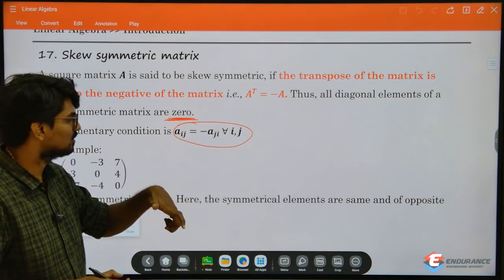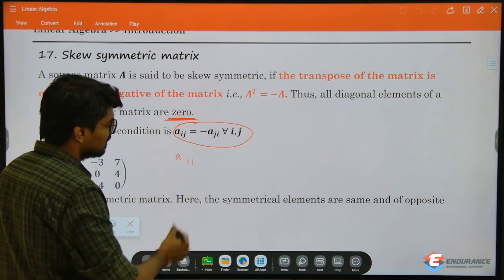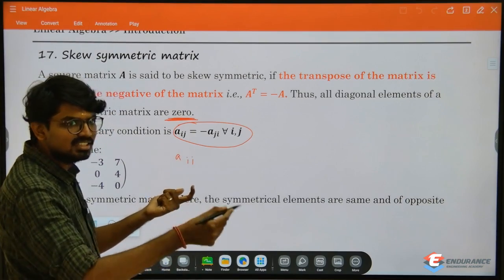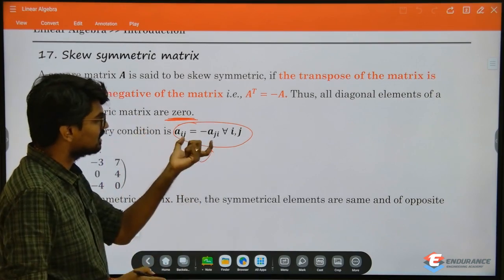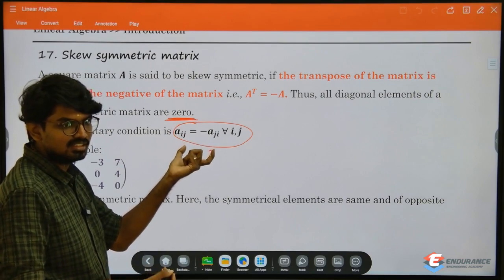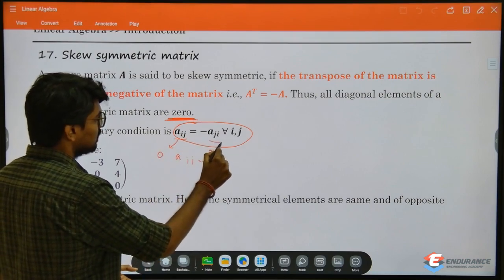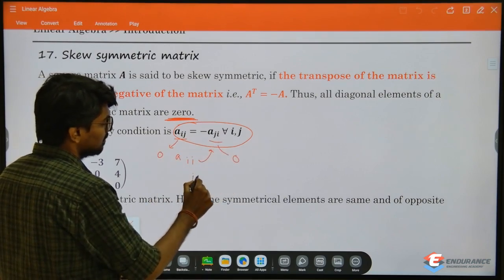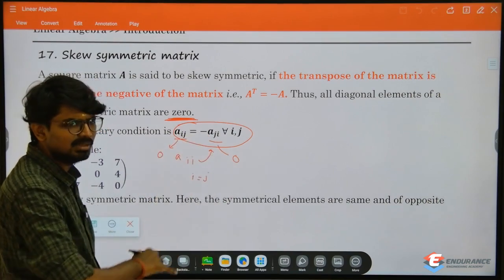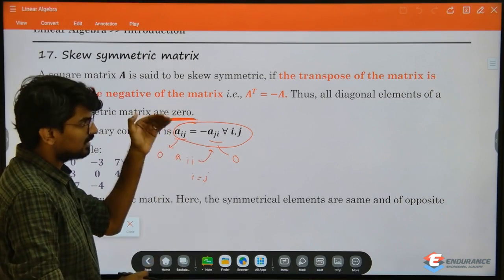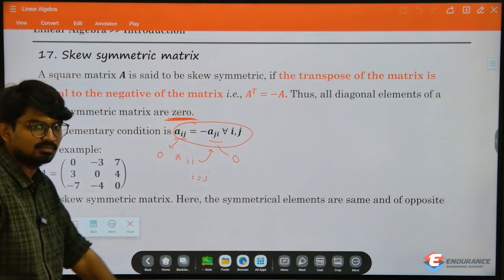So obviously, when I and j are the same, Aii, if I specifically mention it in the condition, it still gets satisfied. Aij will be 0, minus of Aji will also be 0 if i and j are the same. Okay, i and j are the same: Aij is 0, Aji is 0, so the minus multiplication does not affect it. Whether you specifically mention it doesn't matter. You can mention separately that it is equal to 0 for all i equal to j.